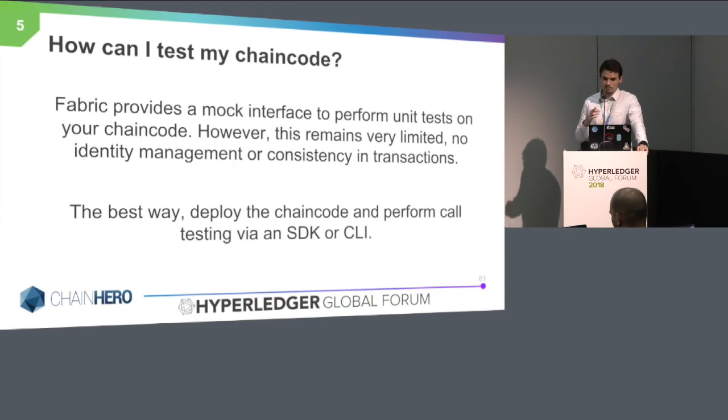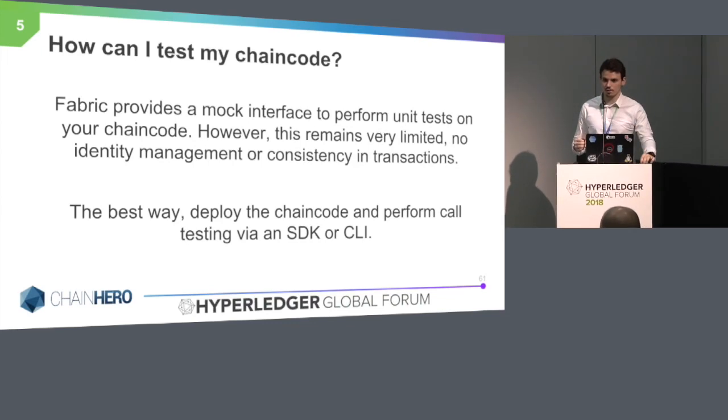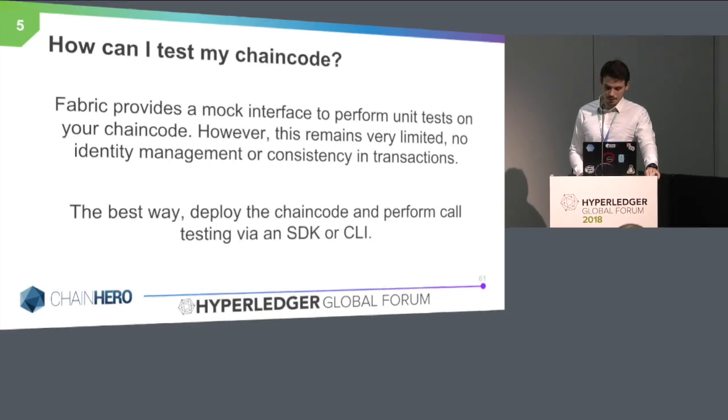At ChainHero, we use an automated deployment that runs the chain code on a simple network and then runs some tests using an SDK. So in this kind of way of coding, we know at every moment that the chain code we will deploy is okay.